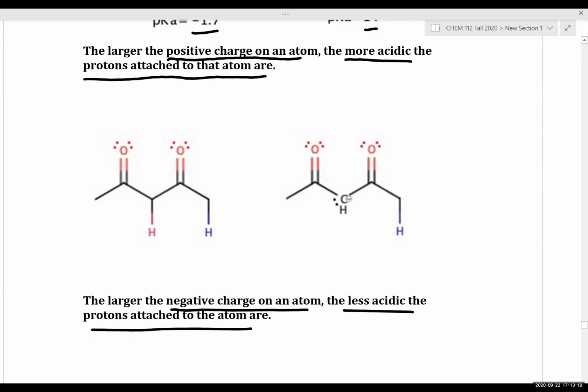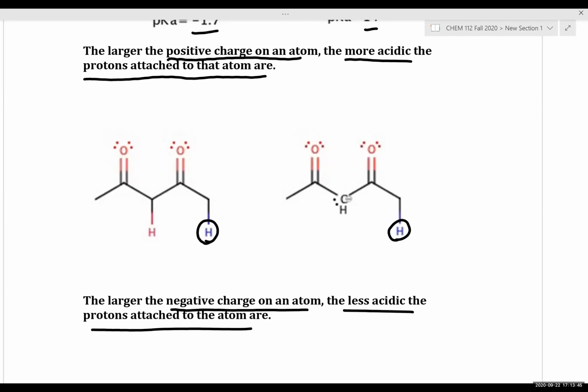So, my question to all of you, if we look at these two structures, considering our molecule on the right already has a negative charge, if we compare the pKa of this proton, following this logic, which proton would you expect to be functionally more acidic?